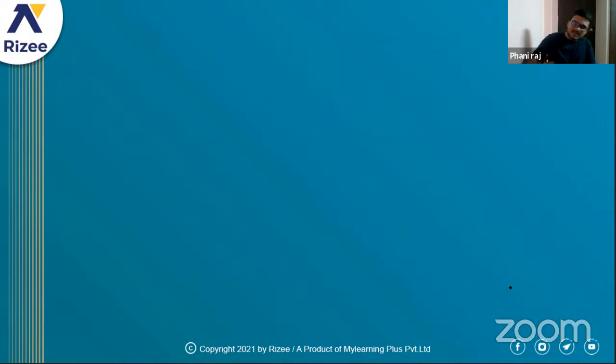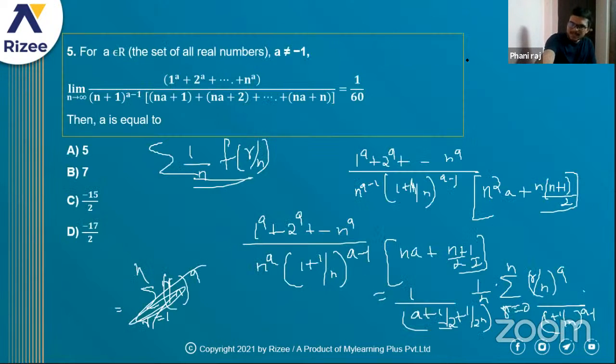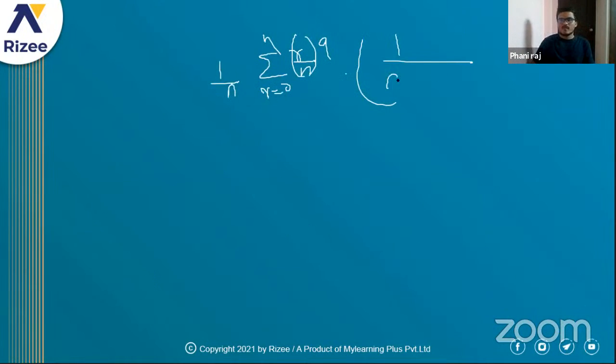Now what can you write the final equation as? 1 by n times summation of (r by n) whole power a, r running from 0 to n, into (1 by a plus half plus 1 by 2n), into 1 by (1 plus 1 by n) whole power a minus 1.